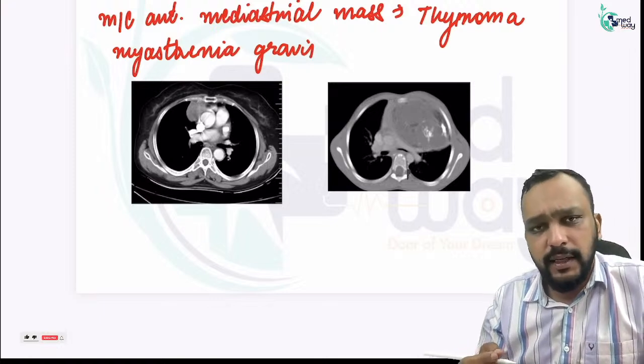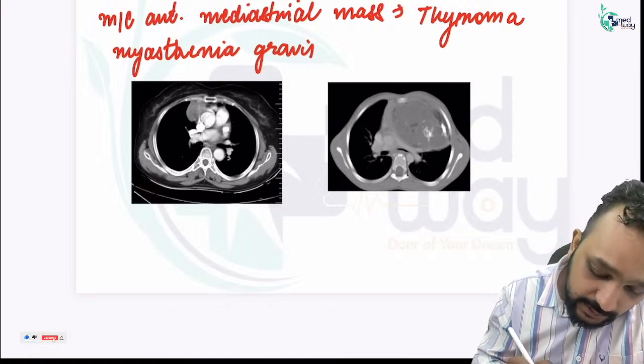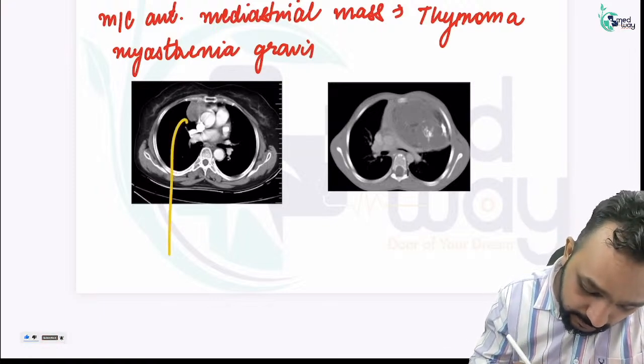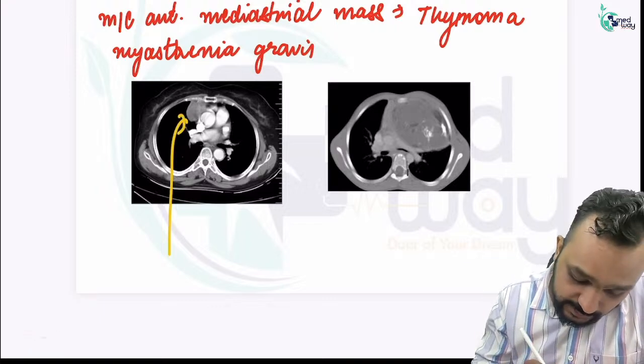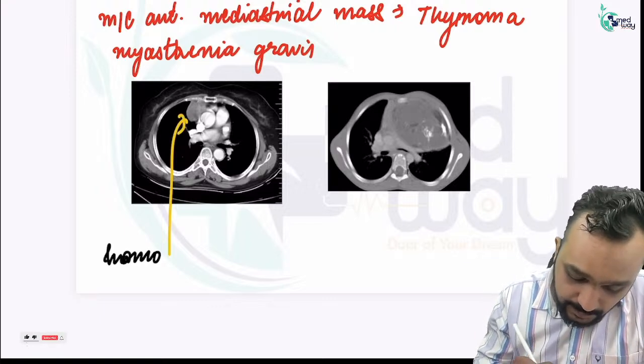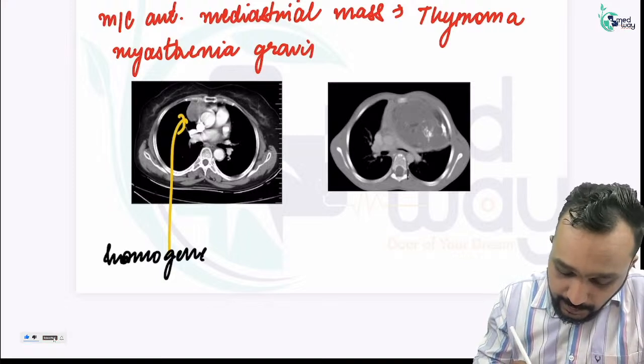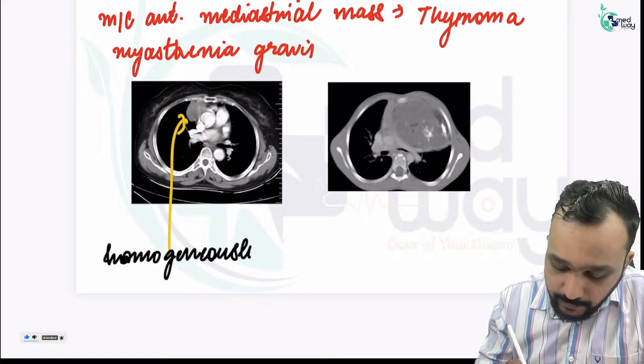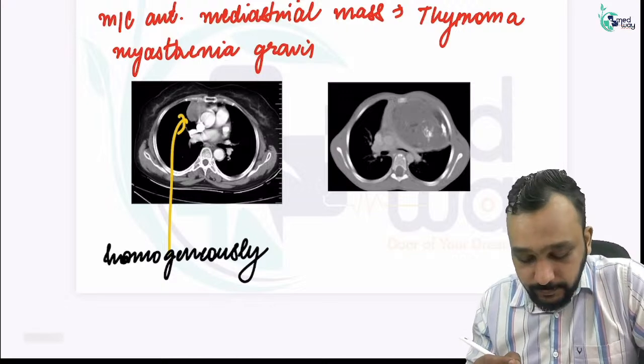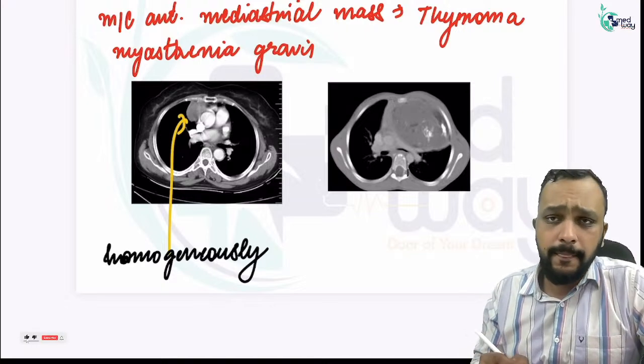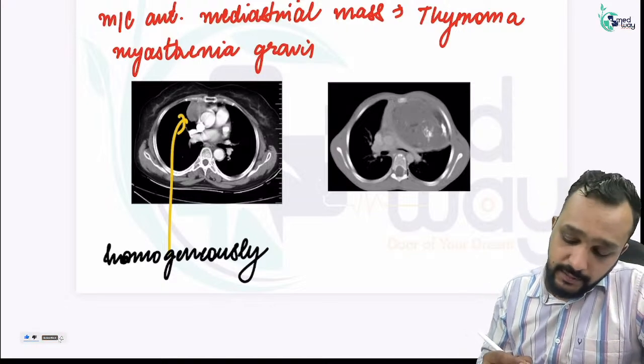And what is the imaging appearance? You could see that there was a homogeneously enhancing lesion in the anterior mediastinum, right? So this was your thymoma.